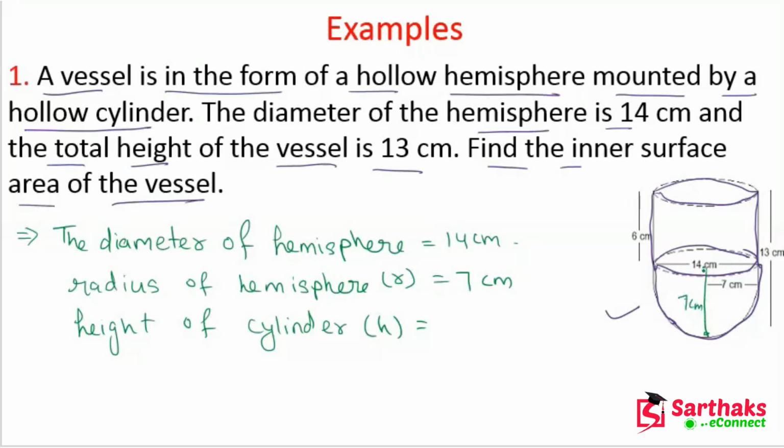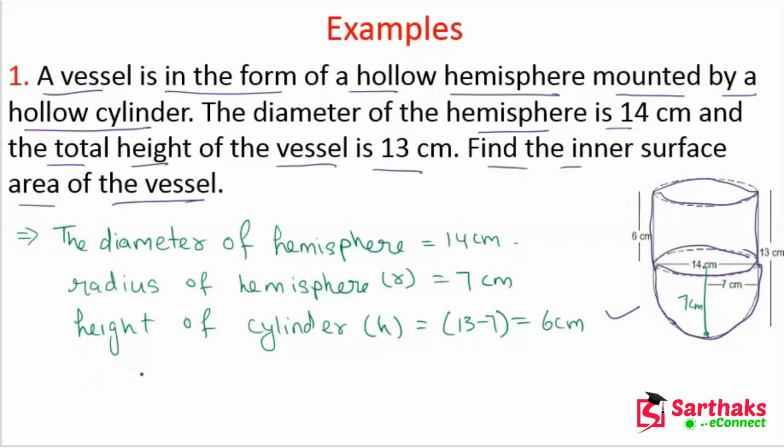It means this is the radius, so if we remove 7 from 13, we get the height of the cylinder. So this will become 13 minus 7, which is equal to 6 centimeter. So the height of the cylinder is 6 centimeter.